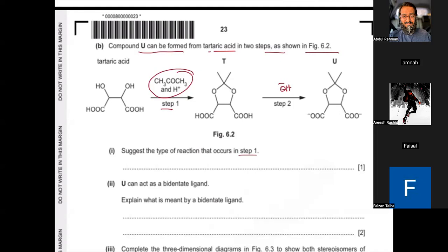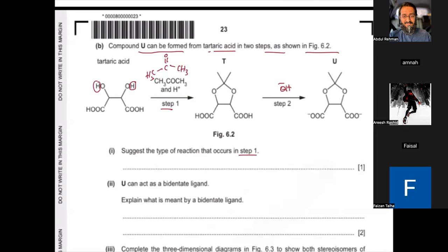So yes, it can be a condensation reaction because the hydrogen from here is being removed. And if you see this compound, have a look. It is C double bond O CH3 CH3, right?